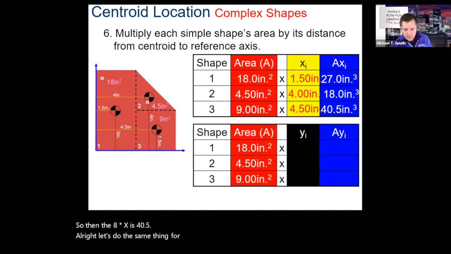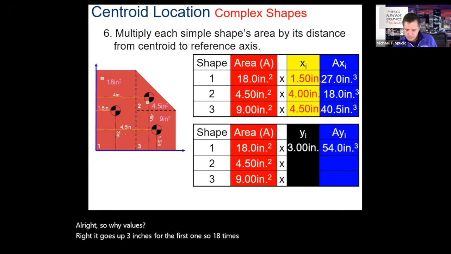All right, the areas are still the same. All right, so Y values, right? It goes up 3 inches for the first one. So 18 times 3. It goes up for the next one, 4.5 inches for the Y value, right?